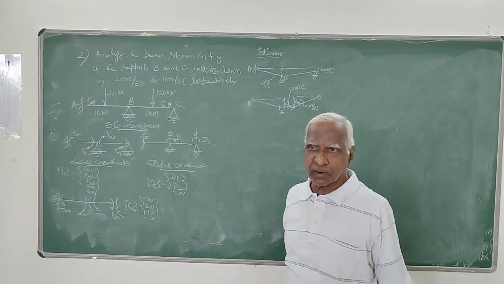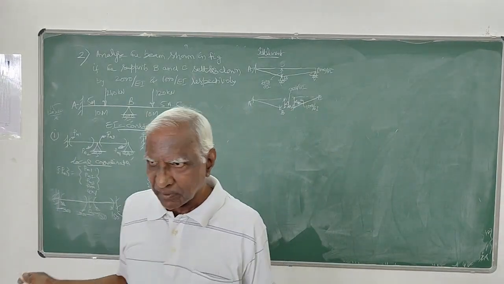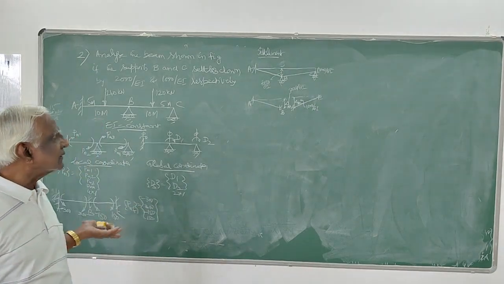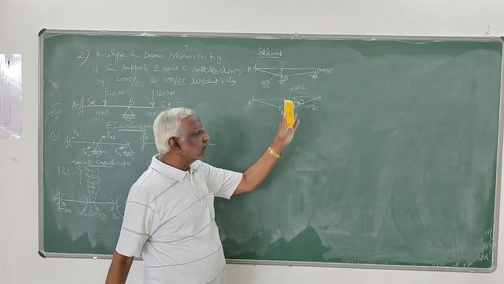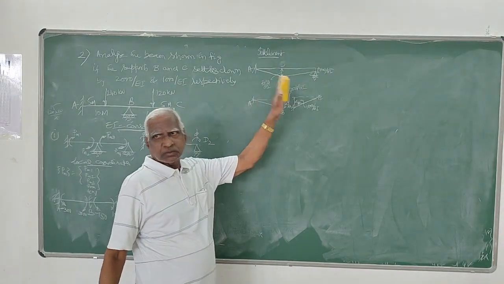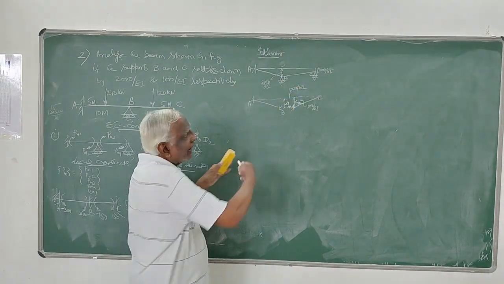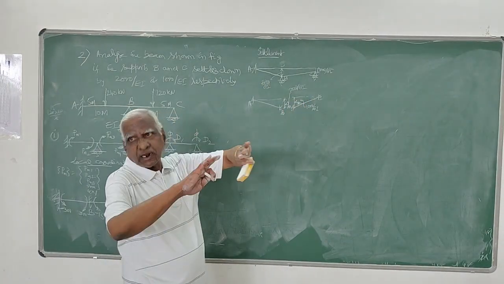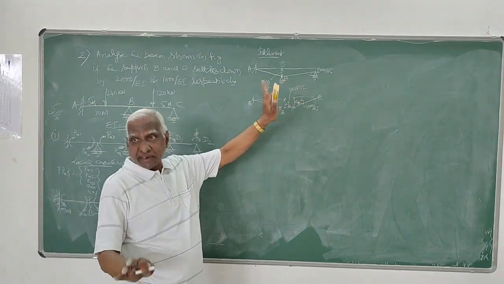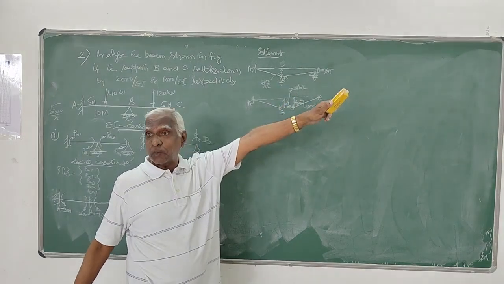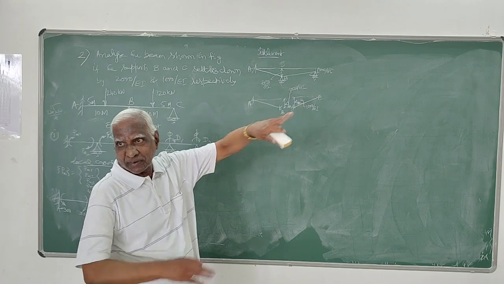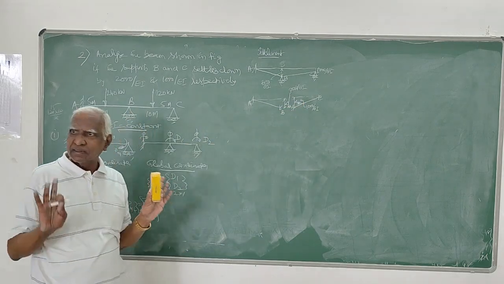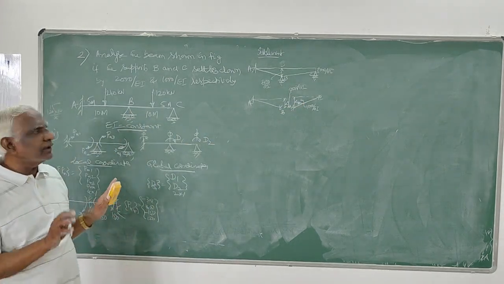This is an important thing you have to take whenever there is a settlement. Otherwise, if they give only B settles down, then it is only 2000 by EI for both. Right? If I have one more span, CD, not undergoing any displacement, forget it. But now that CD, one more span, is also undergoing 1000 by EI. That you have to take if more spans are there.